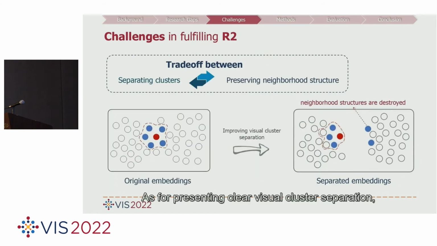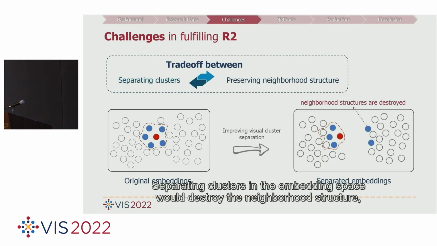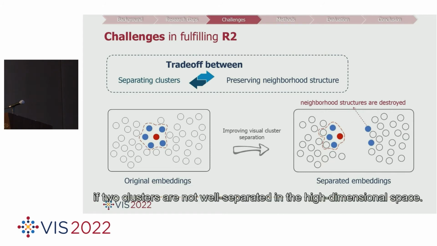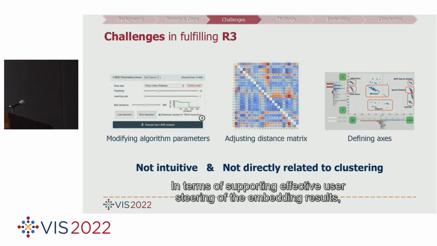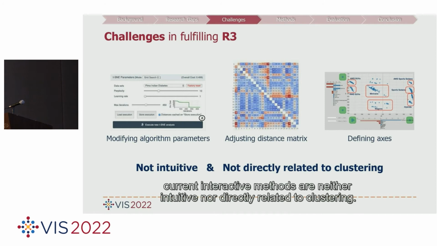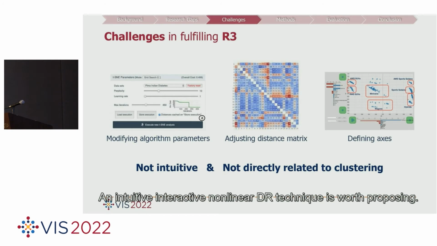As for presenting clear visual cluster separation, it's a trade-off with the first requirement. Separating clusters in the embedding space will destroy the neighborhood structure if two clusters are not well separated in the high-dimensional space. In terms of supporting effective user steering of the embedding results, current interactive methods are neither intuitive nor directly related to clustering. An intuitive interactive nonlinear DR technique is worth proposing.